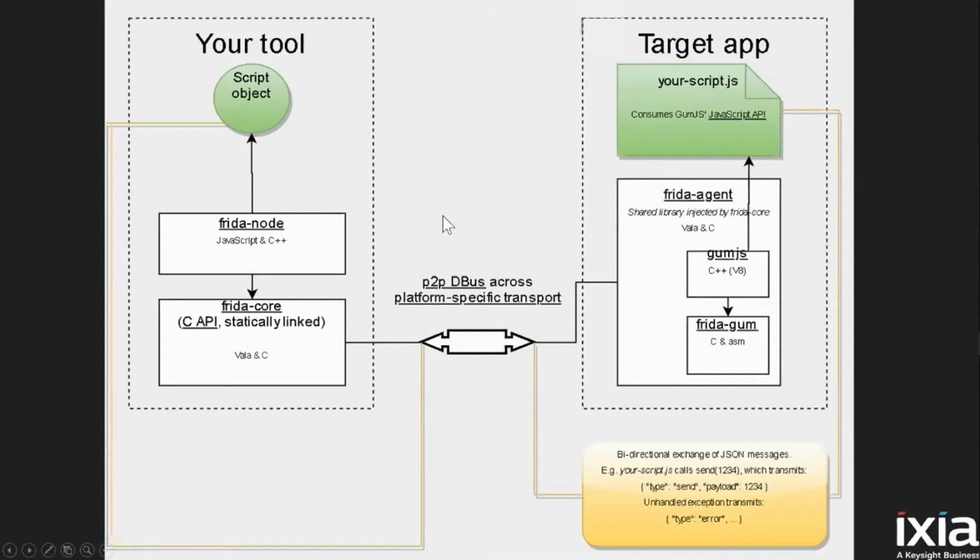So each time a function of interest that we defined is called, the execution is redirected to the V8 engine, which executes the JavaScript file within the process that we're trying to analyze.